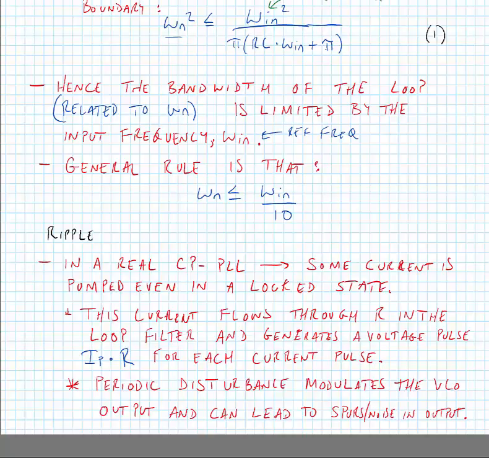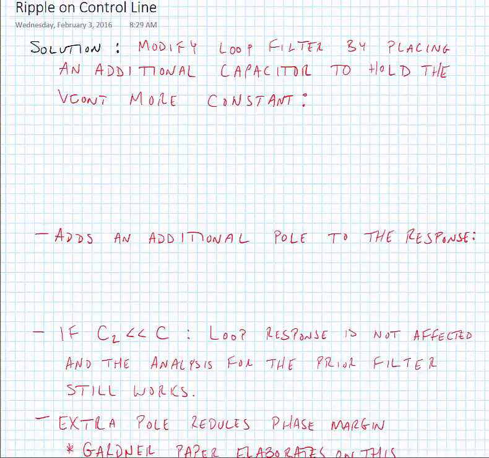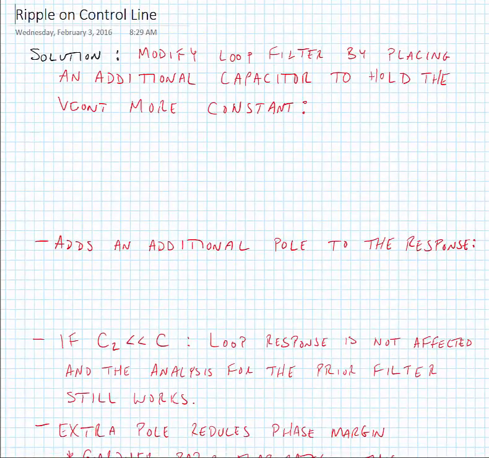And so the solution to this is to modify the loop filter. We can modify the loop filter by placing an additional capacitor in parallel to the loop filter capacitor to hold the voltage constant.